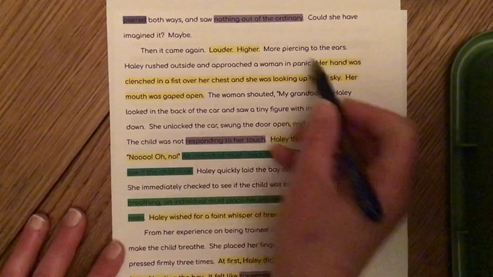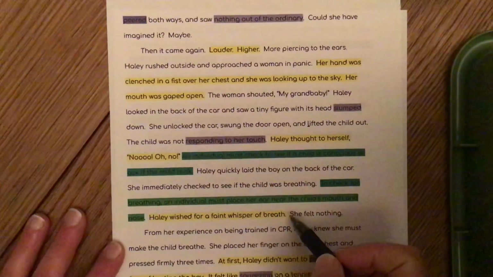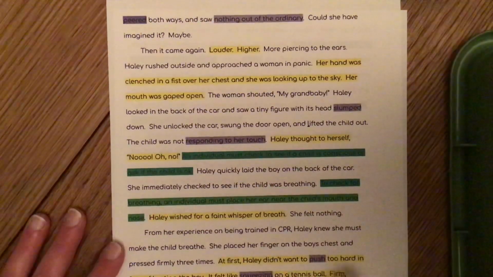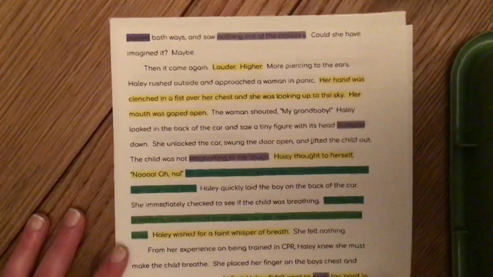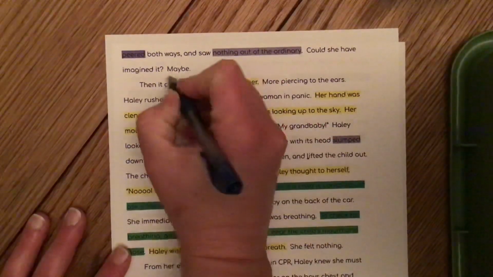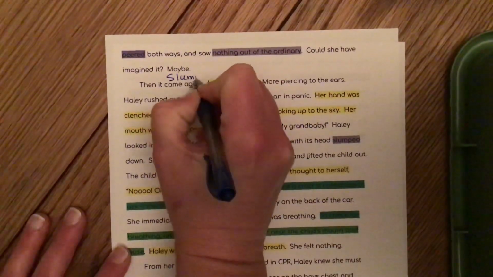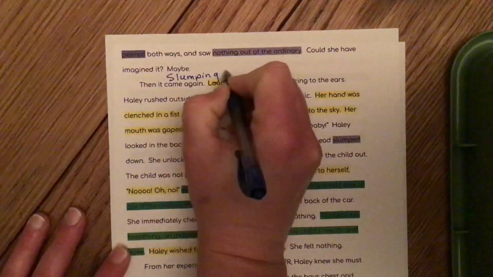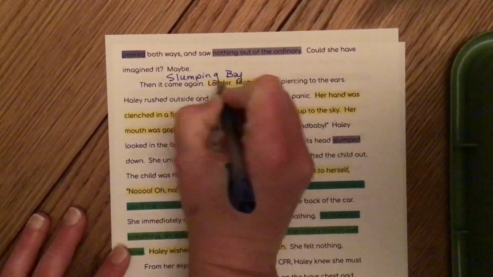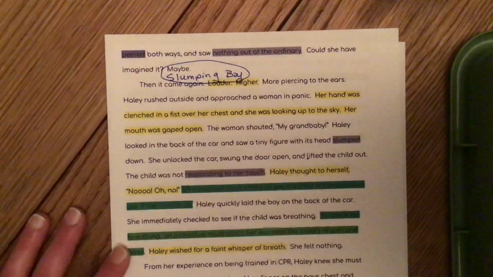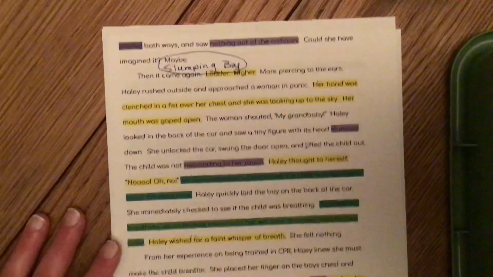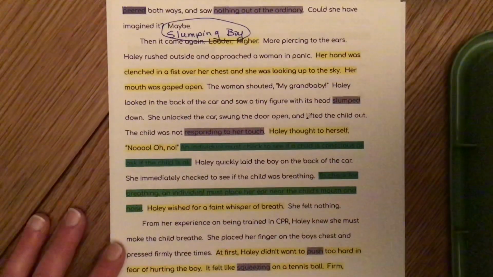So with this event, I think I'm going to introduce a character with my subtitle, and I'm going to call it the slumping boy. It's quick, it's catchy, it introduces a new character, and it again makes the reader want to read a little bit more.